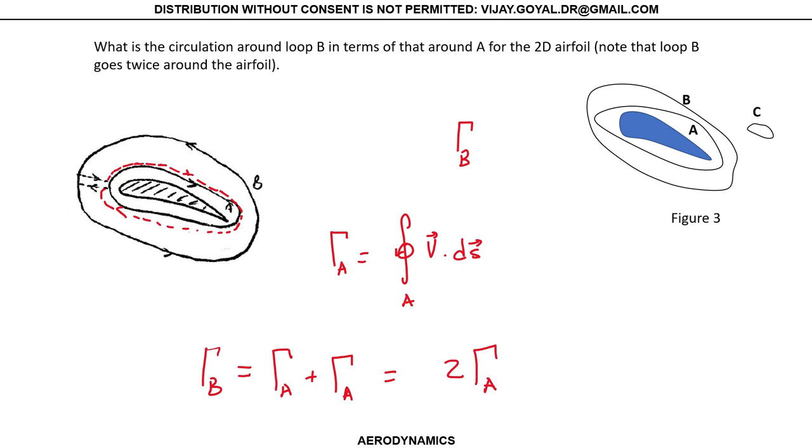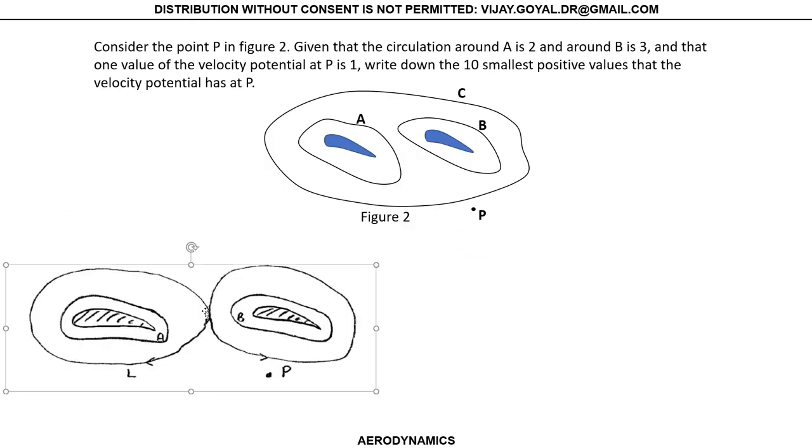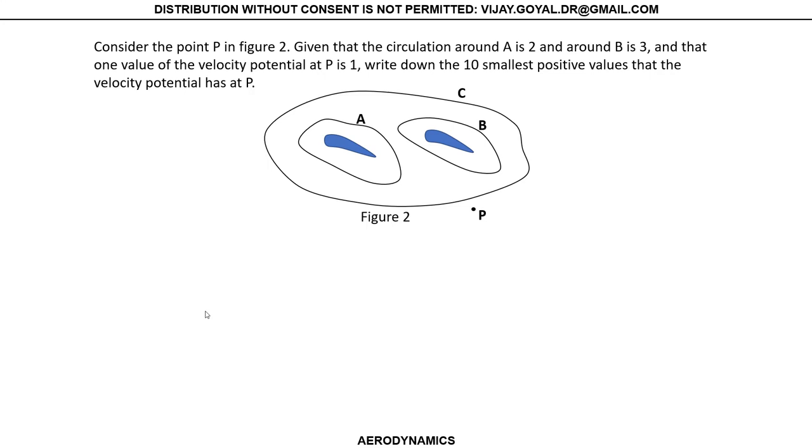Now, the last question is quite interesting because what that equation is basically saying is, now let's assume I want you to find this potential. So what is the value of this potential at P? What are the possible values for this potential? So this potential can have n values probably.